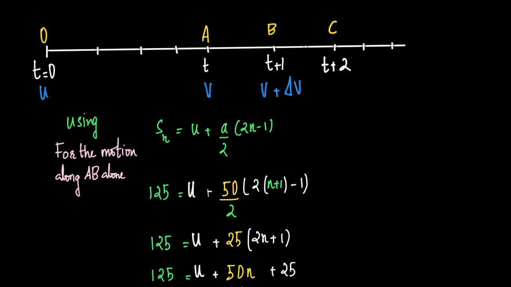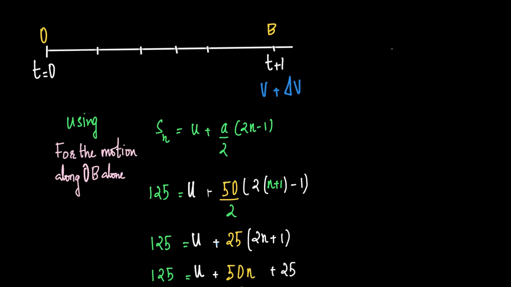For the motion along OB alone, let us first erase these. So we don't need C here, right? We don't need this much portion of the motion. We only need to consider the motion along OB.